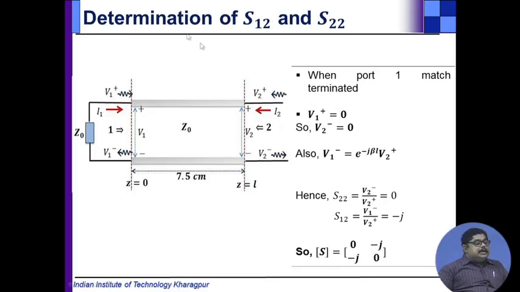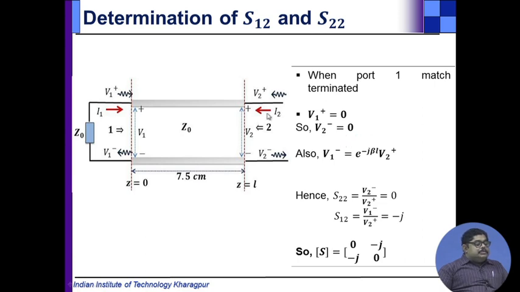Let us see the second column. For its determination, you need to match terminate port 1. Port 1 match terminated means V1 plus is equal to 0. The moment V1 plus is equal to 0, V2 minus also will be equal to 0.